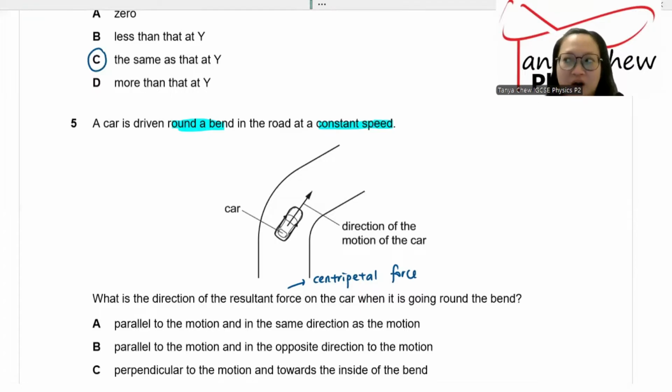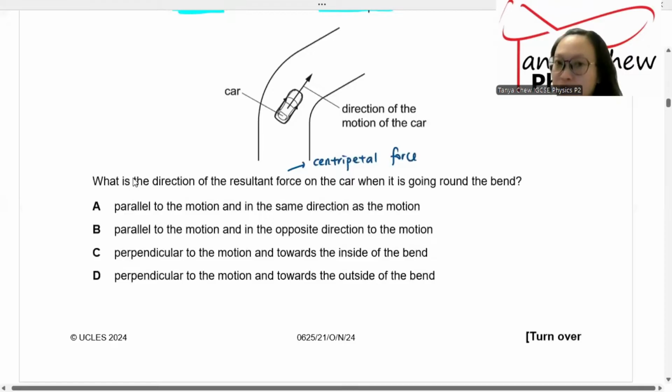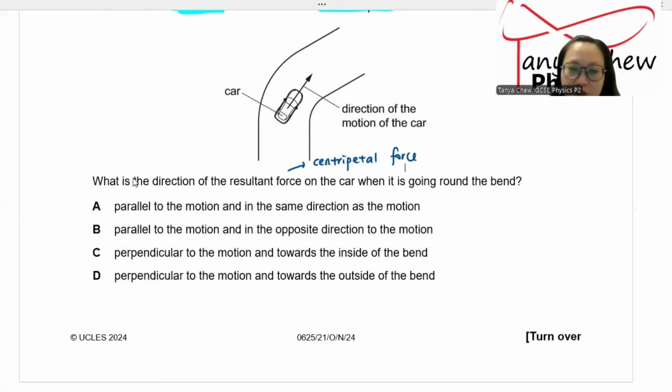Centripetal force is not going to change the speed of the car. It's not going to make the car travel faster or slower, but it is going to control the direction of the car so that the car can have a smooth turning around the bend. So the direction of the centripetal force must always be directed towards the center of the circle, towards inside the bend.